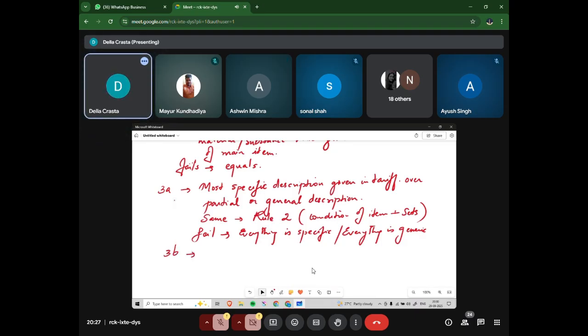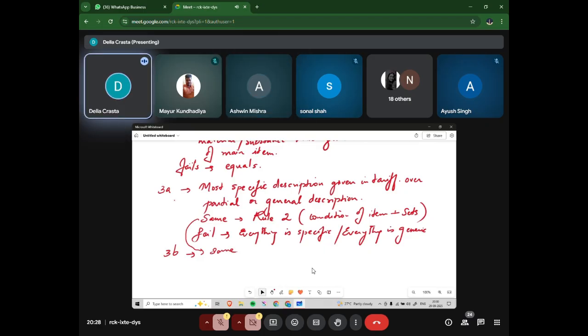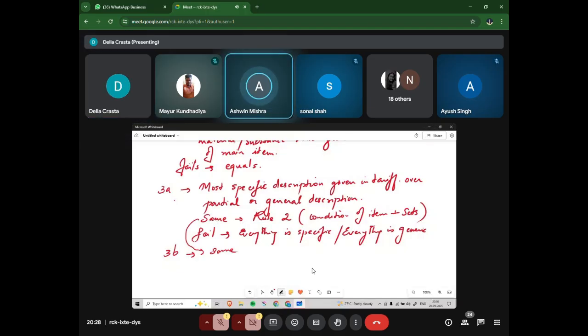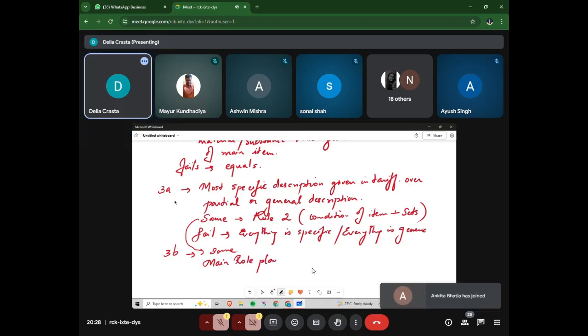Okay, so then we have to go to 3b. So what does 3b tell? Again, the condition is the same for the items. So what does 3b advise us to do? Most essential character. Okay, so the main role player. I'm using terms so that it becomes easy to remember.